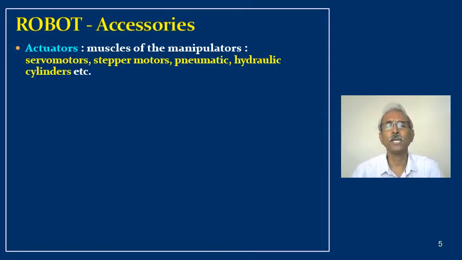So how do I actuate, or what are the different means by which I can power my arm or the manipulator? We have stepper motors, servo motors, or pneumatic or hydraulic drives which could act as actuators to give movements to my arm.